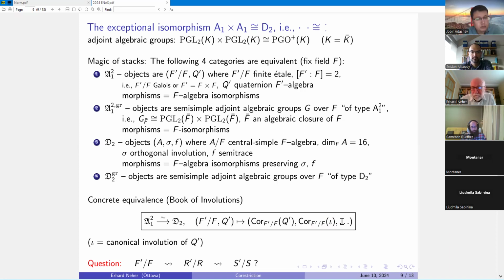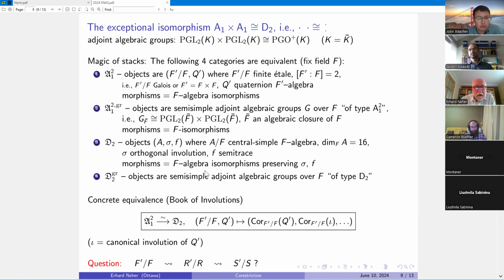Now, this is so far so good. And now you look at this category and I told myself, well, these categories of groups over fields F make sense by looking at algebraic groups over schemes. There is a well-defined notion of a semi-simple adjoint algebraic group over a scheme S, and there is a well-defined notion of a semi-simple algebraic group of type A1 upper 2.